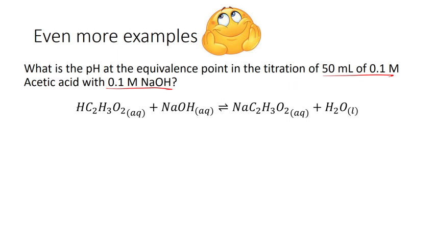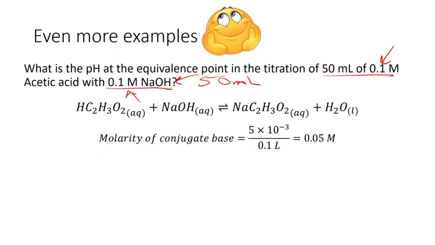And if we look here, we have balancing numbers of 1 everywhere. And since these are the same concentrations, and this is a 1-to-1 reaction, we're going to need the same number of milliliters of this strong base to neutralize this weak acid. So we've got 50 milliliters of our strong base.